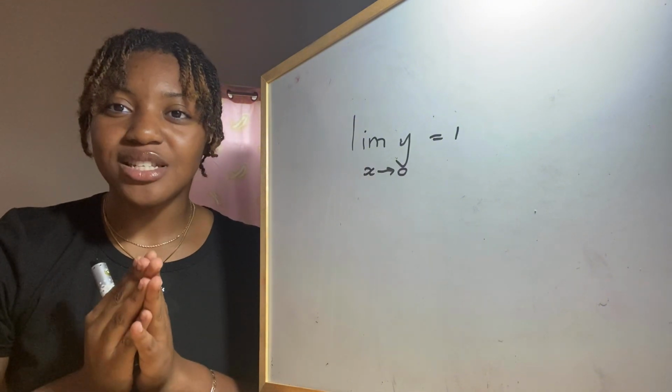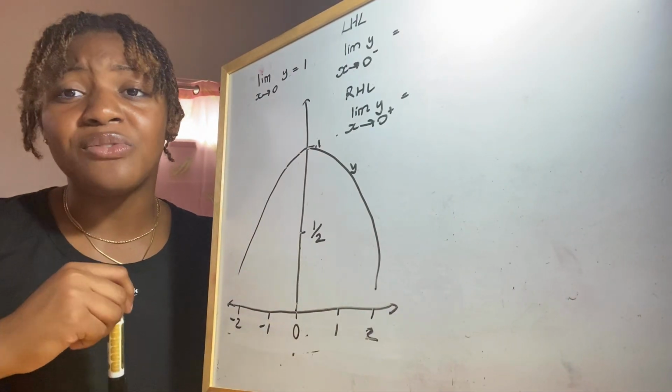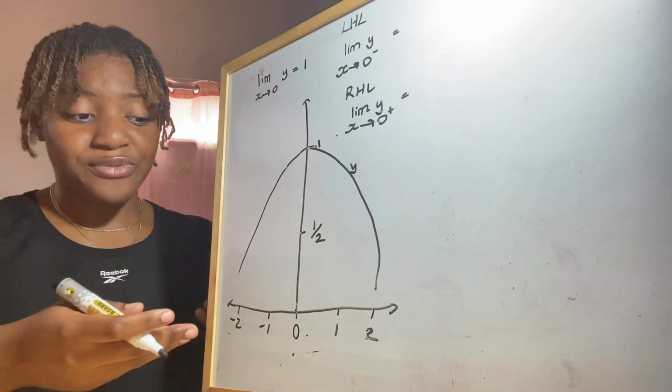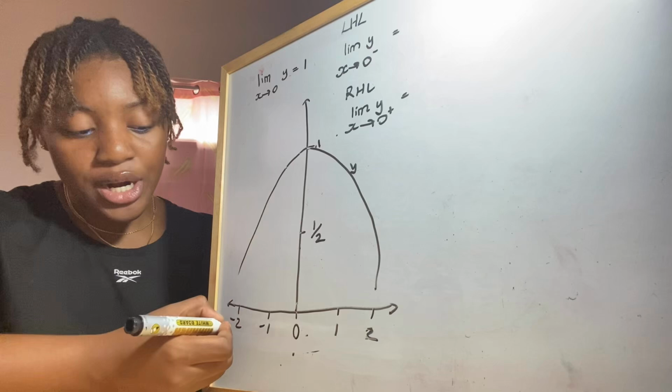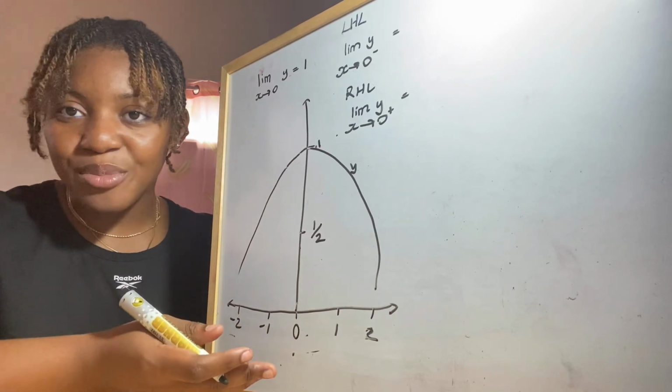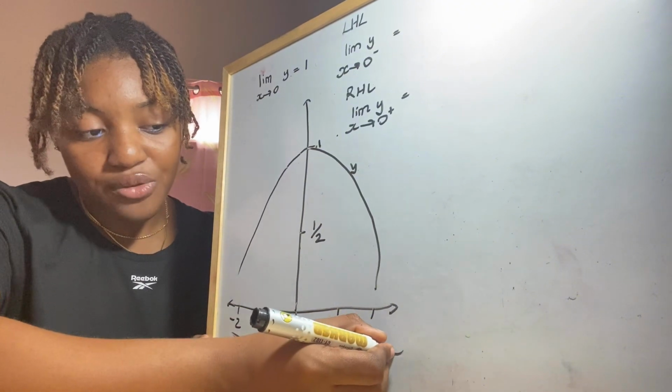And the best way to explain this is with a graph. So this is the graph that we're working with. As I was saying before, we would have to consider x from either side, whether it's the left side or the right-hand side. So here, the number that x is approaching is 0. x could be approaching 0 from the left, or x could be approaching 0 from the right.